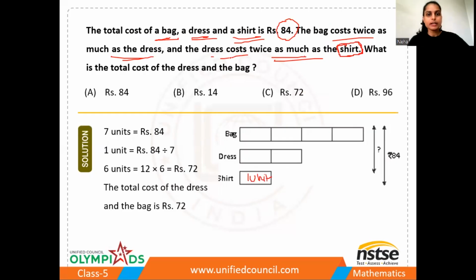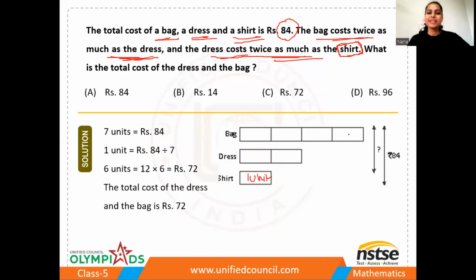Now, the dress costs twice, so the dress will be 2 units. The bag costs twice as much as the dress, so the bag costs 4 units.